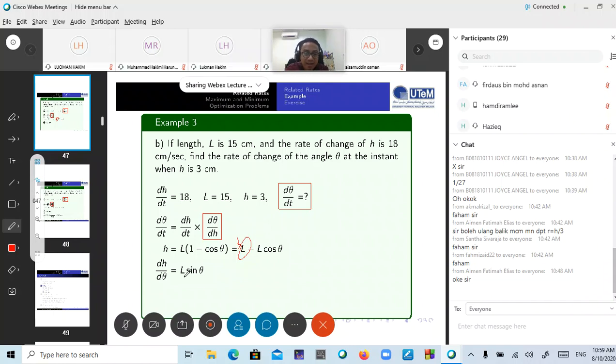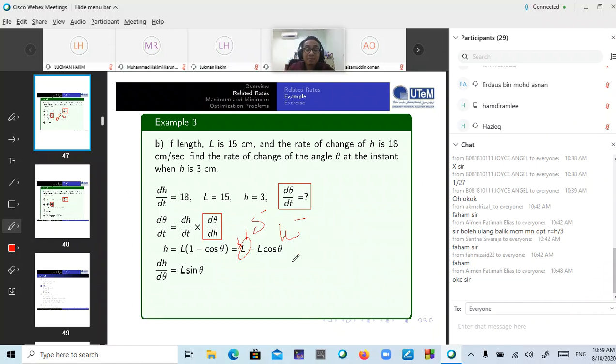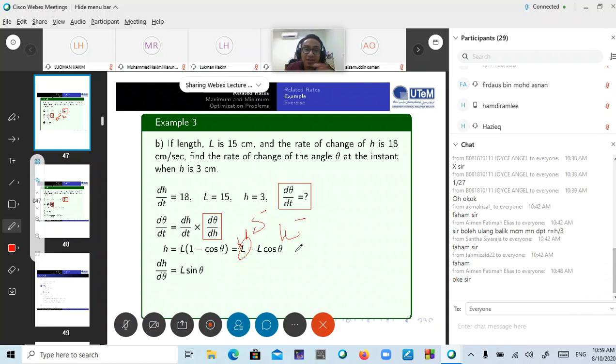Awak boleh substitute direct ni, L is 15, sebab dia adalah constant. Differentiate 15 equal to 0. And then minus 15 cos theta. Differentiate cos theta equal to negative sign, negative sin theta. That's why dH/dθ equal to L sin theta.